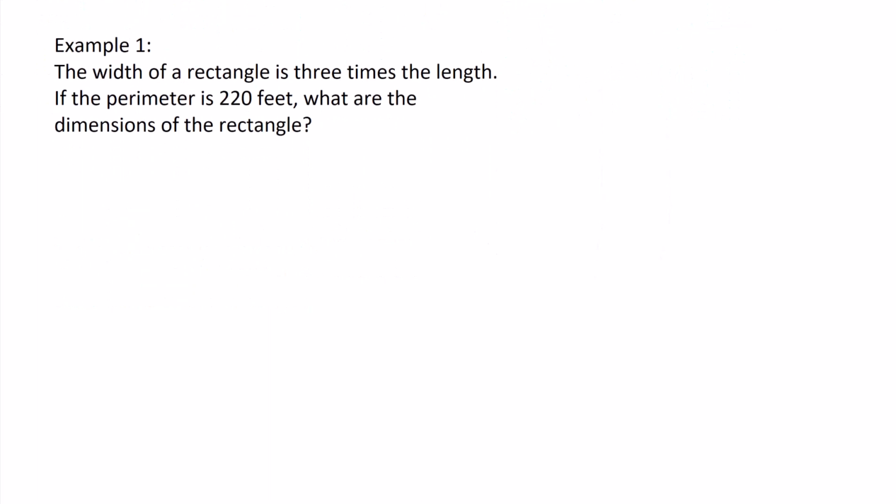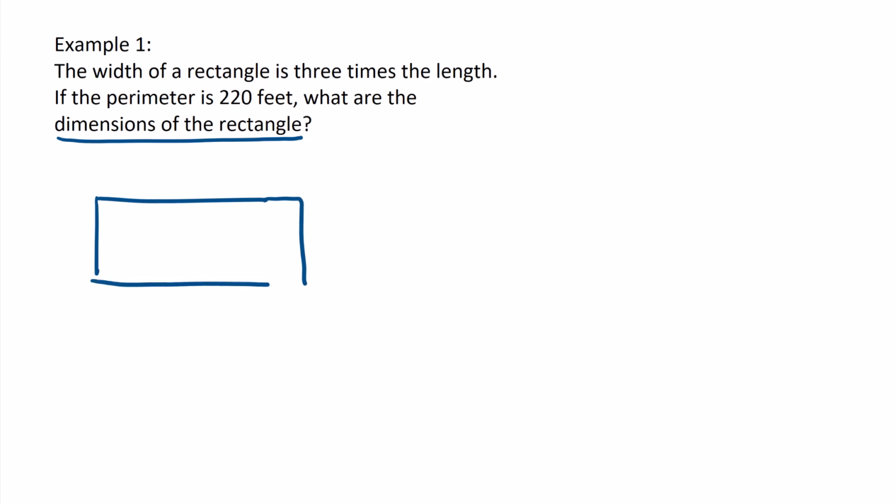In example 1, we have the width of a rectangle is 3 times the length. If the perimeter is 220 feet, what are the dimensions of the rectangle? We want the dimensions of the rectangle, so first I'm going to draw a rectangle.